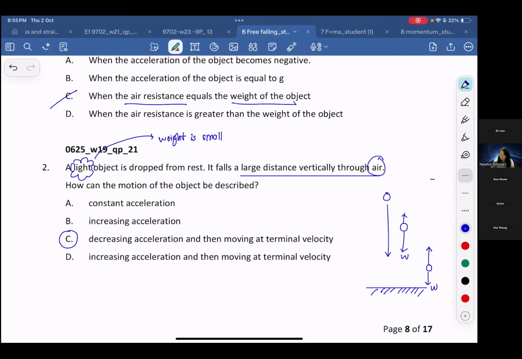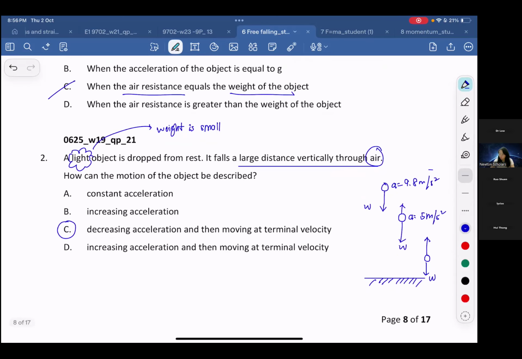Initially, you only have weight, so you accelerate at 9.8 meter per second square. At a certain moment, your acceleration may be only 5 meter per second square, until a certain moment it balances. The air resistance and the weight are balanced, so your acceleration is 0. It's moving with terminal velocity.